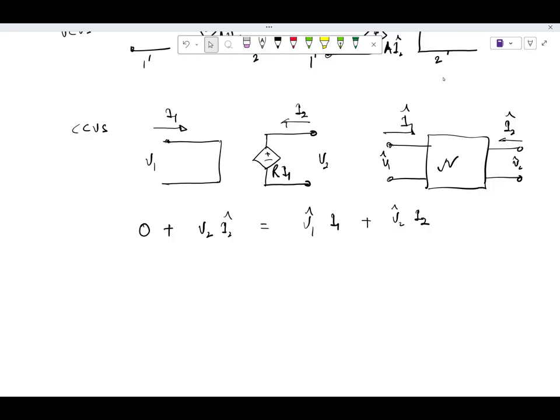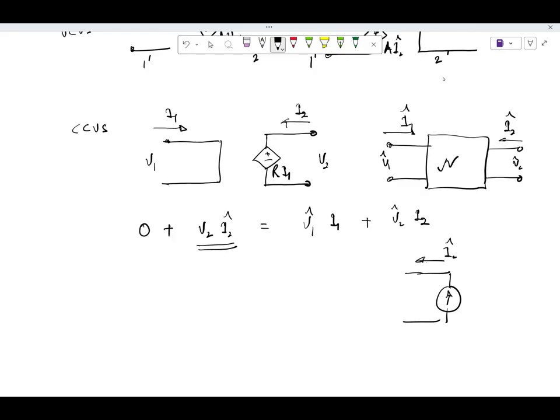That's the decision we need to make. What do you think, should we do? Okay, current input. So let's say I excite port 2 with a current input. So this becomes I2 hat. So when I'm saying current input, I'm basically saying I'm retaining this term. Correct?